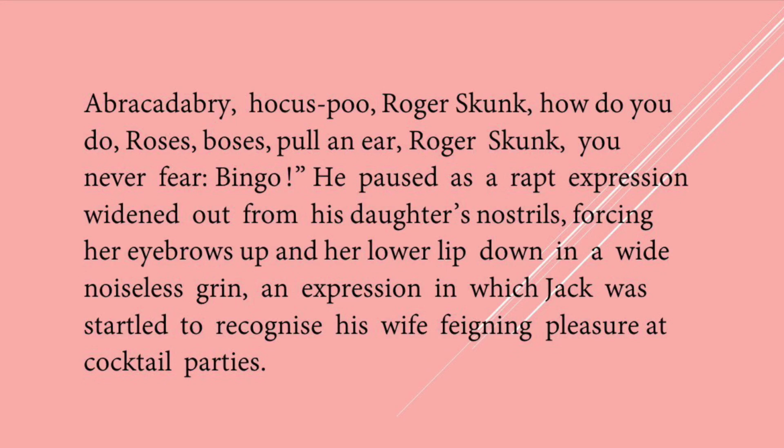She was just looking at her father with her nostrils wide out and her eyebrows gone up and her lip gone down in a kind of grin, because she was feeling happy that the little fellow was going to smell like roses, and he could see that the expression was exactly the same expression that his wife used to have at the cocktail parties.